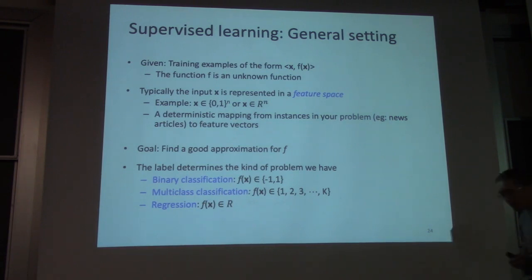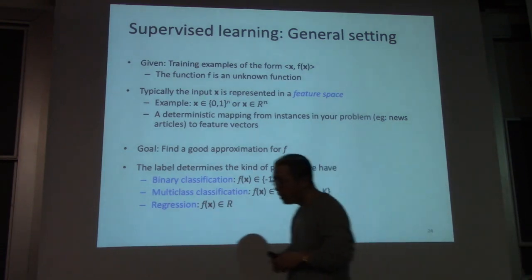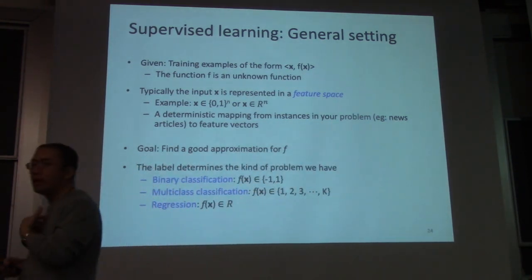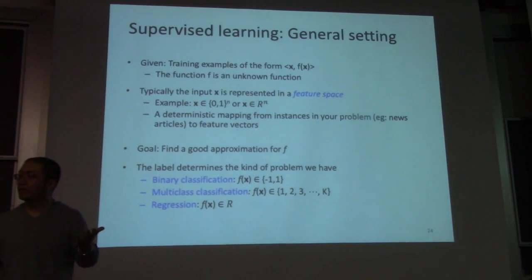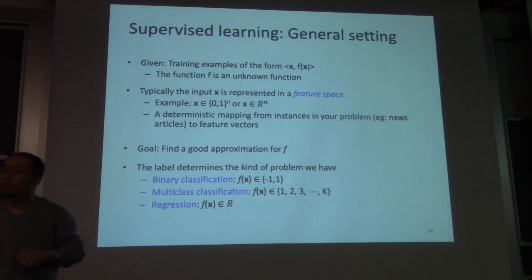To give you a concrete idea, for example, my task is to predict whether I am handsome or not. And what kind of features can you extract to represent me? Any ideas? Height. Yeah, age, height, facial features.